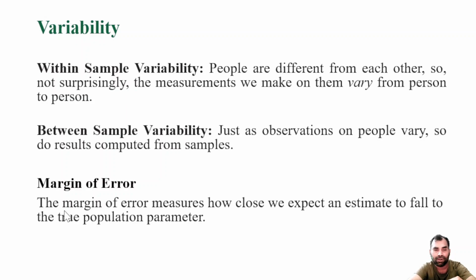But we pick a sample of, let's say, 10 people and measure their height, and the sample average is 175. The population average is 180 but the sample average is 175, so the margin of error is 5. Margin of error measures how close we expect an estimate to fall to the true population parameter.